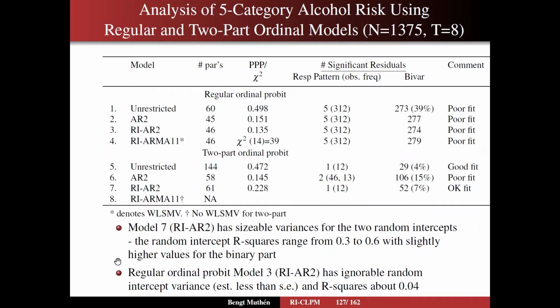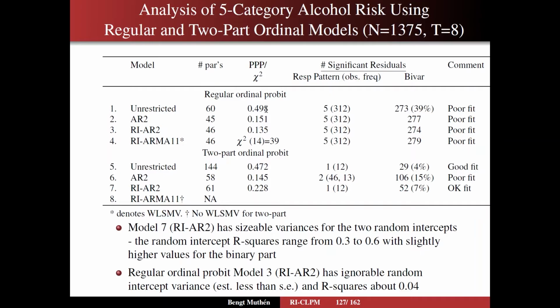So let's take a look at what we get here for the analysis of the 5-category alcohol risk variable. At the top we used the regular ordinal probit model. That was not sufficient. And at the bottom we have the two-part. Looking at the regular ordinal probit unrestricted model with 60 parameters, we get a very good PPP, which shows that the correlations are well fitted, as we would expect.